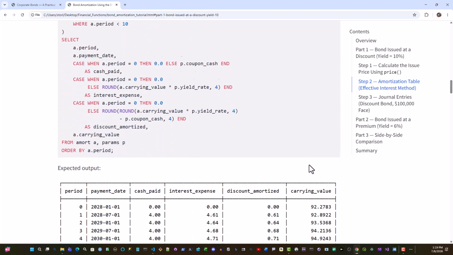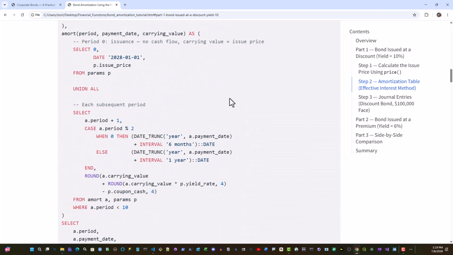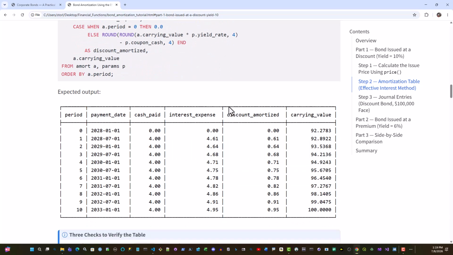As you can see here, this is what it returns. Your 92.2783 is what's called the carrying value. That will be the price you pay for the bond when you buy it. And then you're going to amortize it. You're paying a coupon of $4 per 100, and you're going to pay it on these dates. The first payment would be on July 1st for $4.